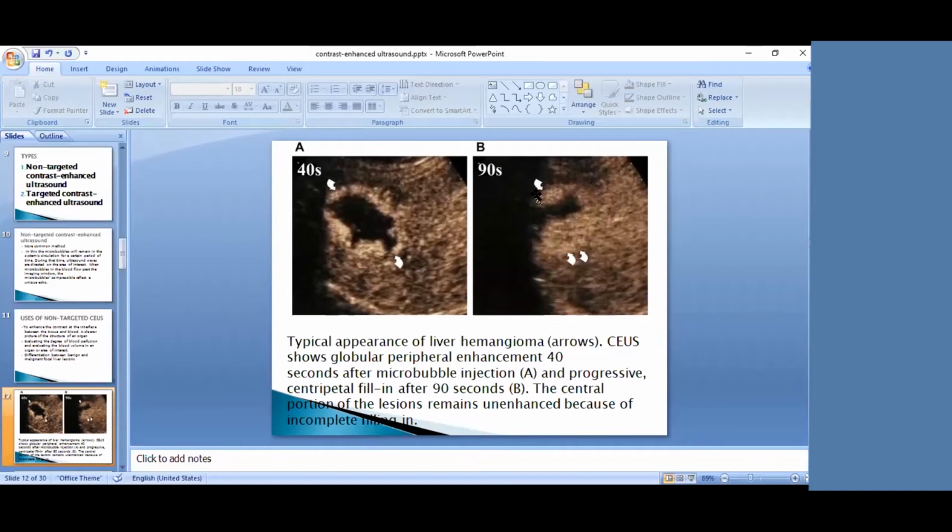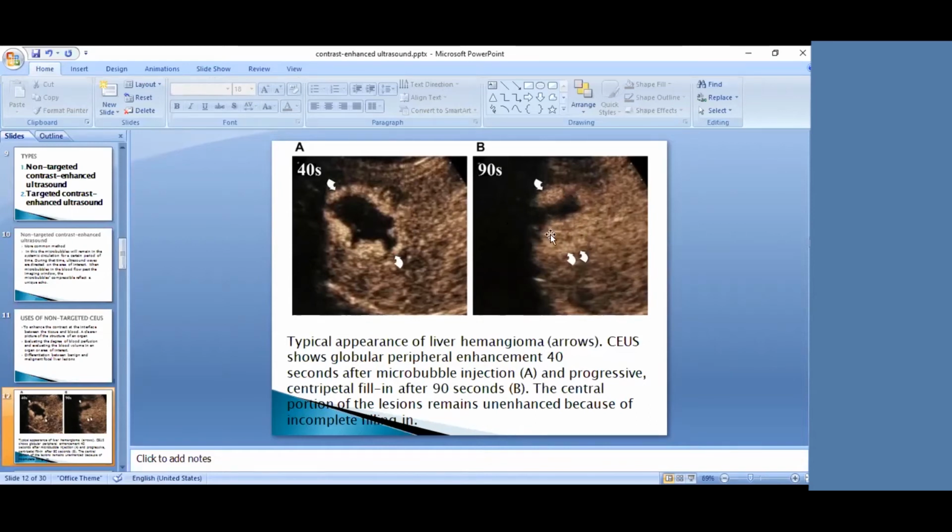You can see here now only this area. Now all this area has become hyper enhanced, okay? The central portion of the lesion remains unenhanced because of incomplete filling. Just this part didn't enhance.